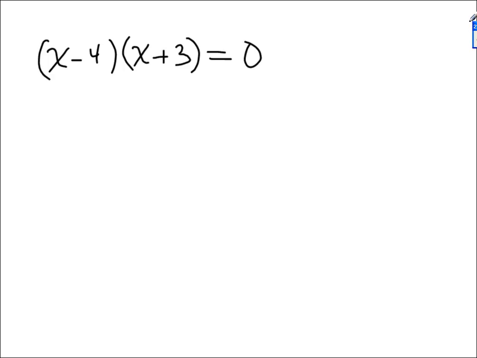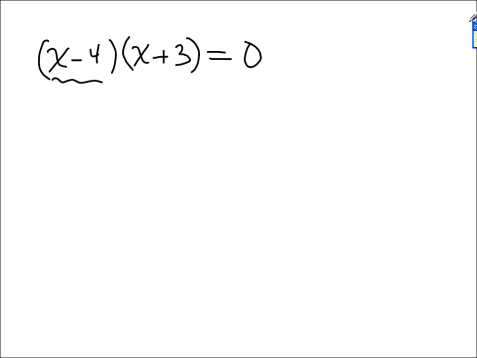While I erase my board, remember, if the product is 10, one of the factors can be 10, but the other one better be 1, because only 10 times 1 is 10. So there's not much to do in this section, to be honest. Suppose you have x minus 4 times x plus 3, and I tell you this product is 0.